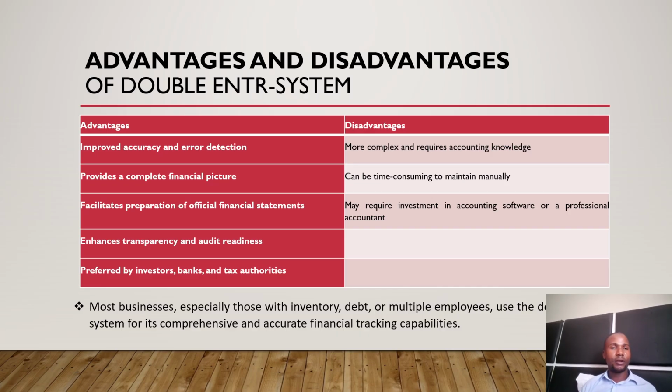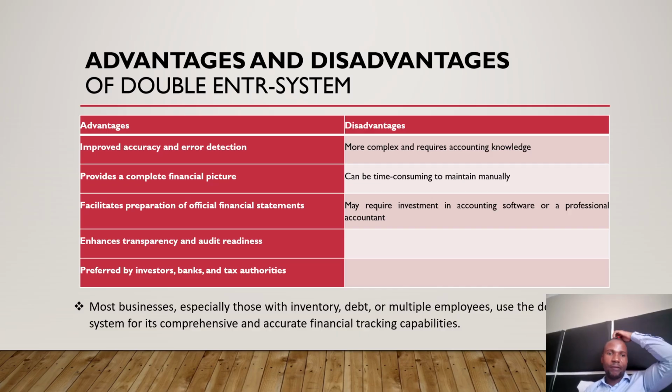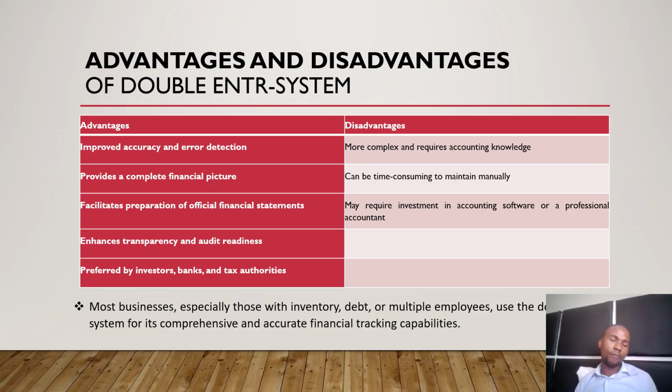The double entry system provides us with what we call an audit trail. It shows from the point of recording up to the time we prepare our financial statements. It is also preferred by the investors, banks, and tax authorities, which are all our primary users of the financial information.